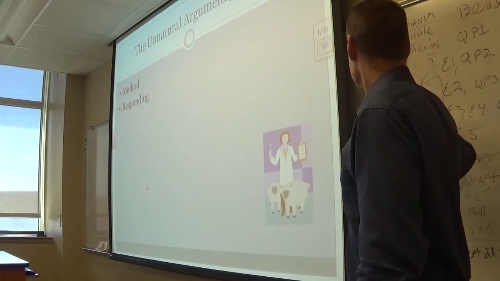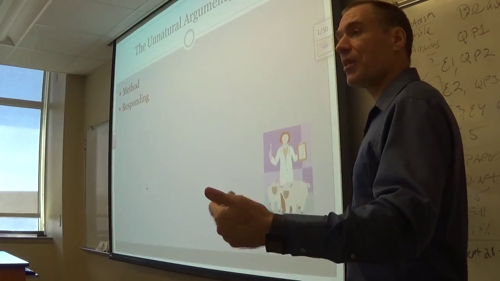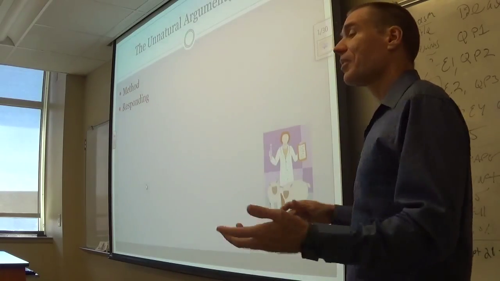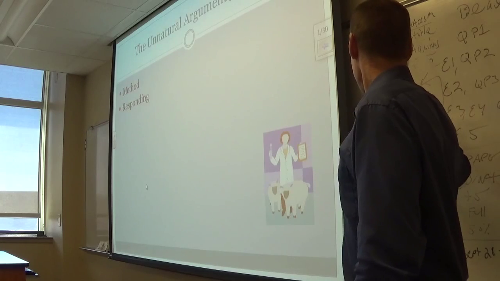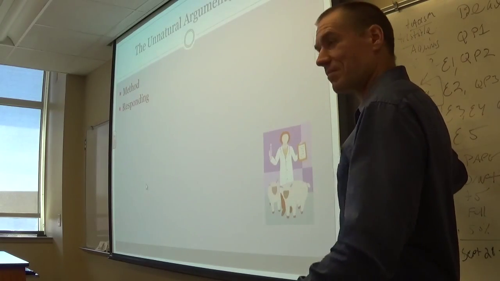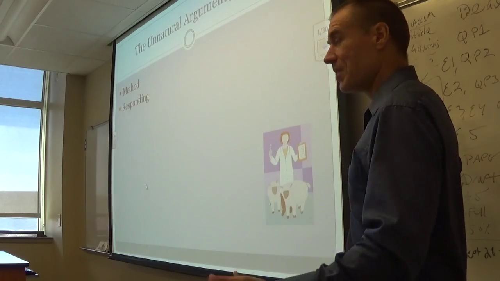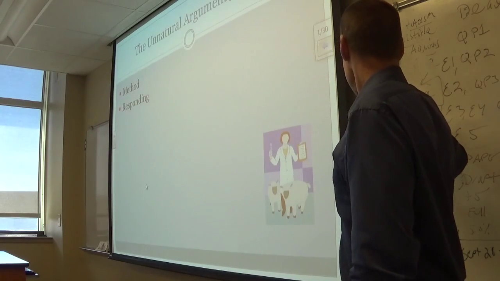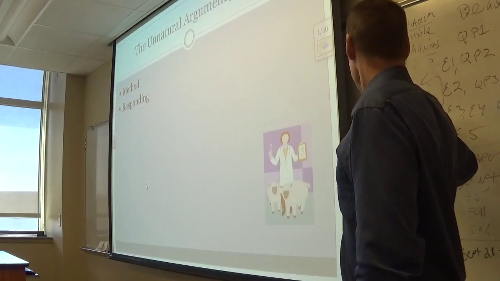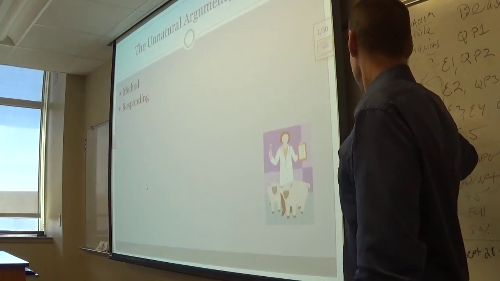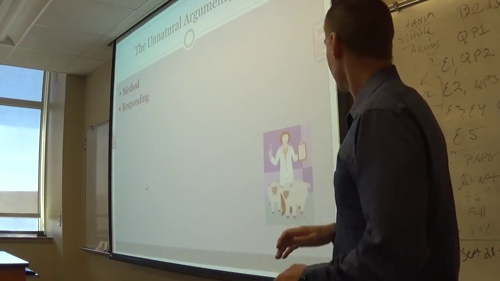So a person says, this is wrong because it's unnatural, but they accept the same sort of thing as being okay. They really have two options. One is they can say, well, I guess this is okay because it's similar. Or they could try to show that there's a relevant difference between the two, to show that although this is okay, this is not, despite their seeming alike, they're really not alike.